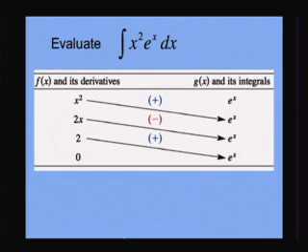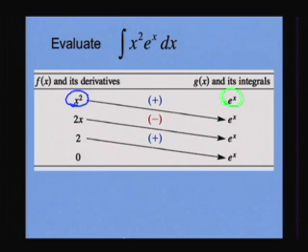And f of x is going to be x squared, which you can see right here. Then we're going to have g of x start off as e to the x, which you can see right here. And what happens is on the left-hand column, we take its derivatives.